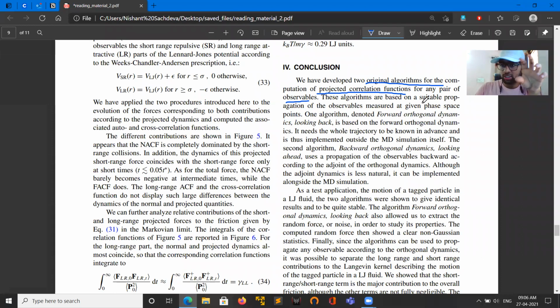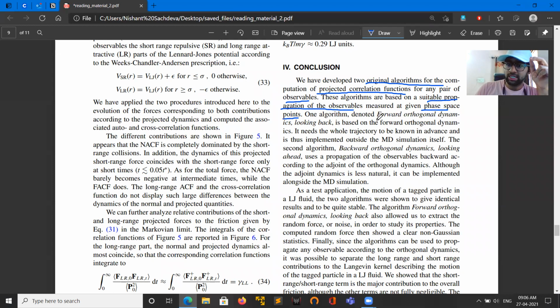I'm gonna be using a lot of black boxes here because we haven't studied the whole paper yet, but we're gonna assume black boxes so that we can form an over-the-top idea of how things work. So these algorithms are based on a suitable propagation of observables which have been measured at given phase space points.